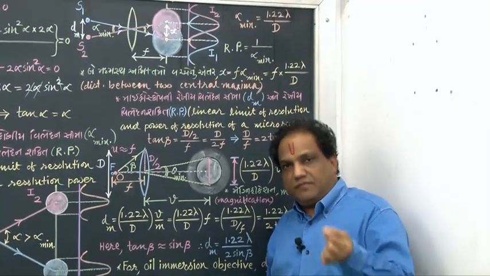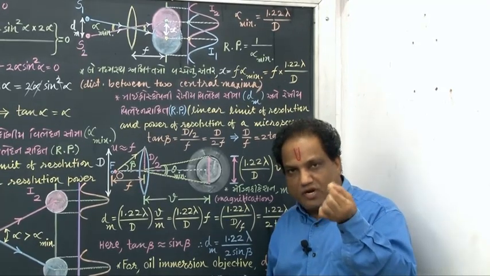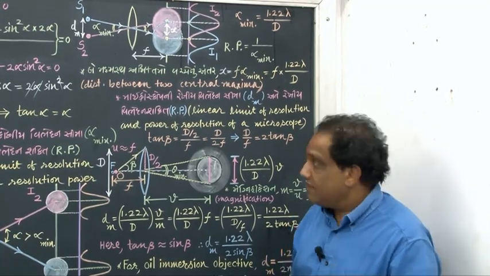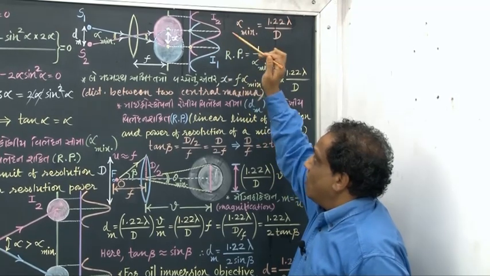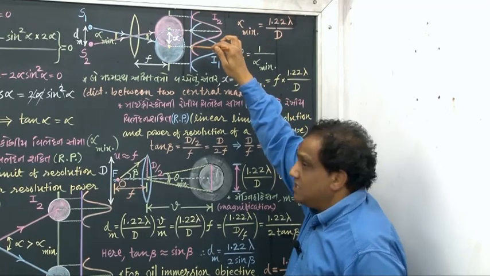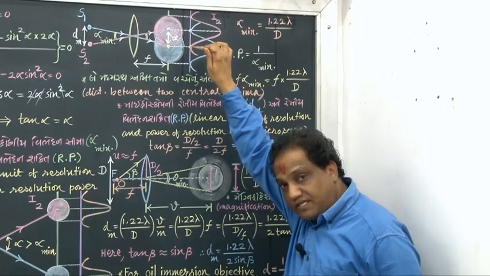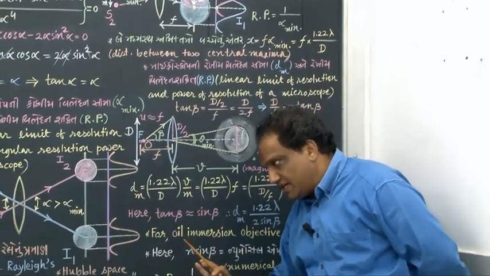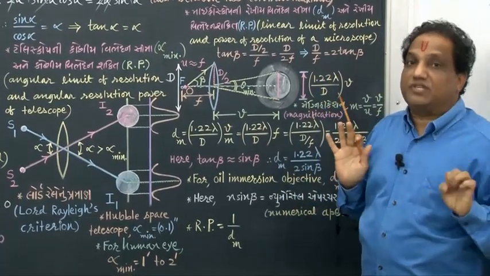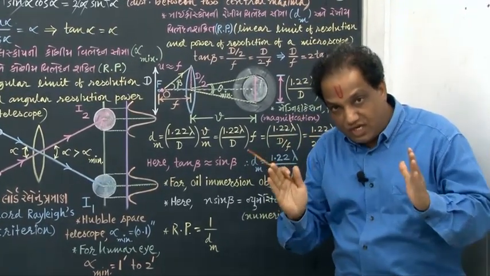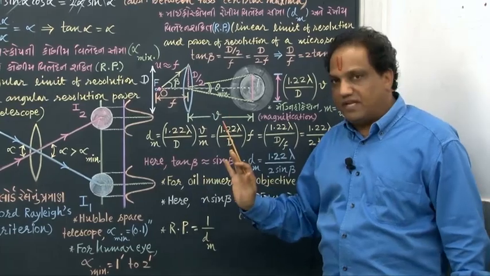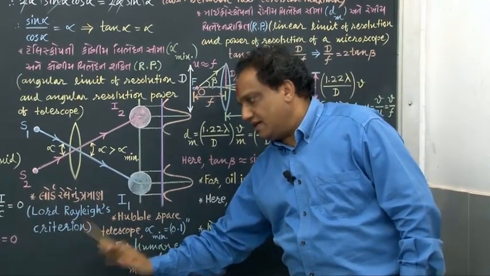When we obtain images of two closely lying point-like objects using a given optical instrument, if the central maximum of the first object is obtained either on the first order minimum of the second object, or it is obtained away from it, then those two images are said to be separated from each other, or of two different objects clearly. Correct? This statement gives you Lord Rayleigh's criterion.